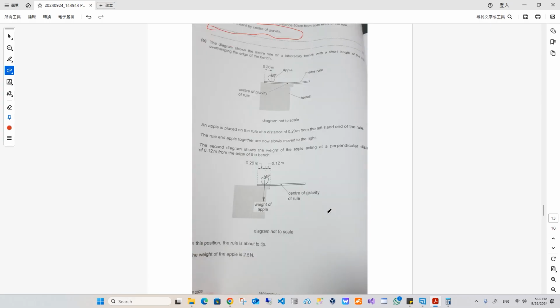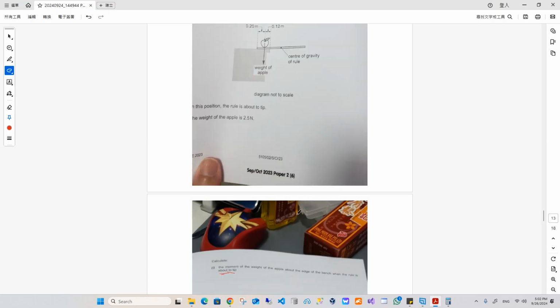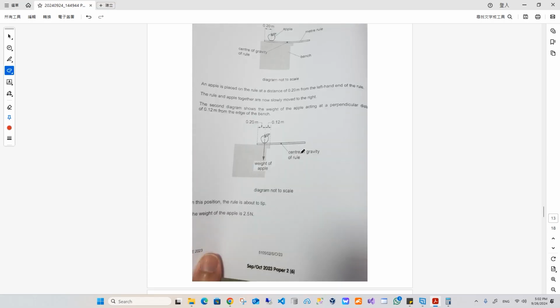To answer this, first see what is about to turn. What is being rotated? The apple? No, it's the ruler. So it is all about the ruler, the clockwise and anti-clockwise moments about the turning point. When it is about to turn, is it turning about here?